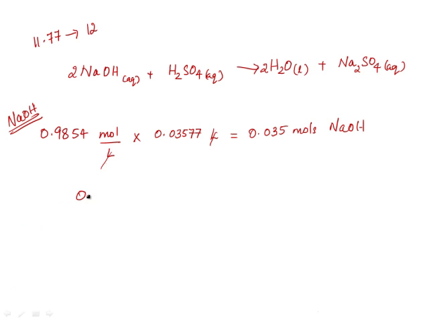You have 0.035 moles of NaOH. You want to figure out how many moles of H2SO4 you need. So what number goes on the top? The number of moles of H2SO4, which is 1 H2SO4 per how many moles of NaOH? 2 NaOH. Tell me how many moles of H2SO4 you need.